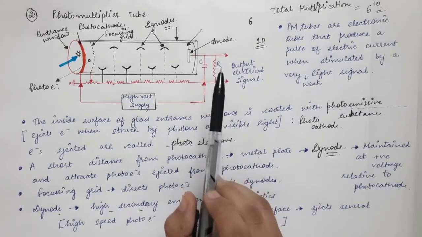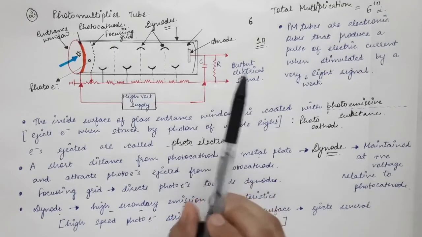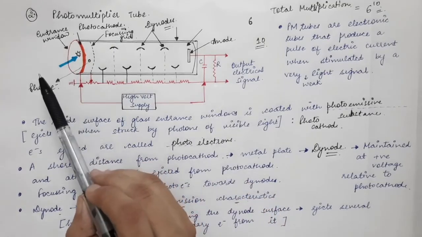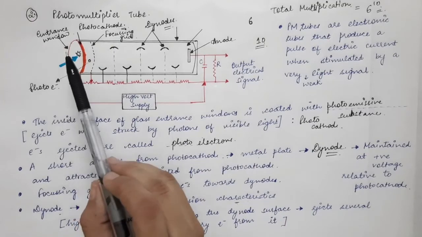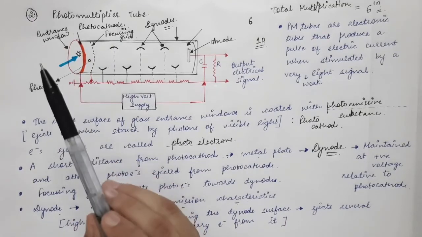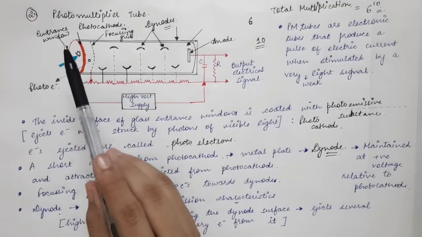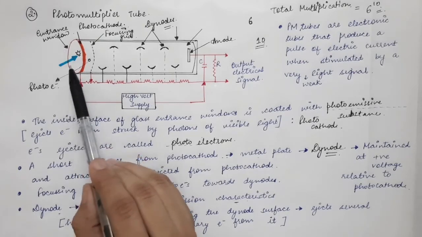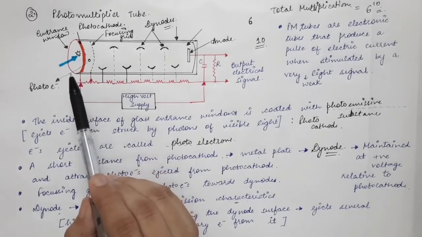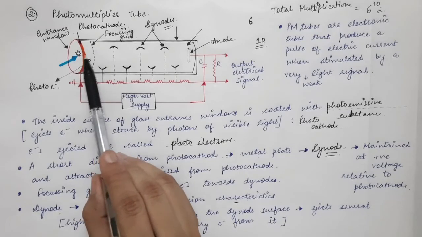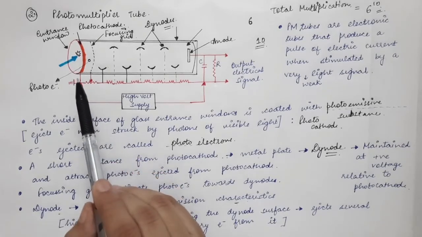Now what is the case in the scintillation counter? If more energy is deposited in the scintillator, you will get more light pulses. If more light pulses reach the photocathode, more photoelectrons will be emitted.